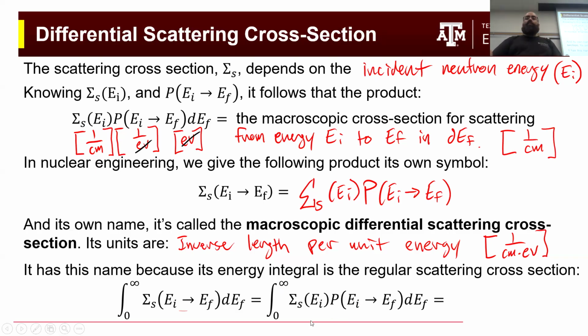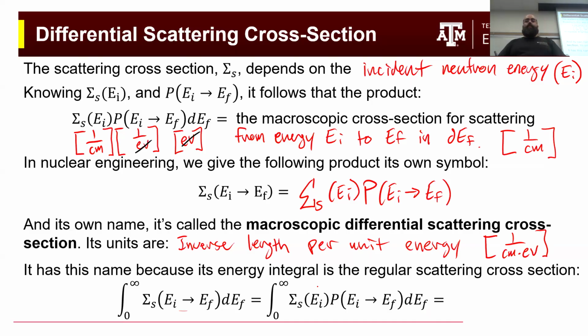That means my original scattering cross section, which only depends on the incident energy, can come out of this energy integral. If I pull the scattering cross section out front, all I have left inside is the integral from 0 to infinity of a probability density function over energy. If I integrate a probability density function over its entire domain, I just get one.